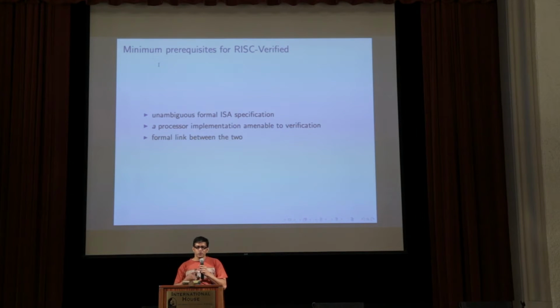And you need to prove that there's a link between the actual processor implementation and the formal ISA spec. So this is just work that I've been doing to try and address these portions. I've been working on formalizing the ISA spec, and Nirav has been working on a processor implementation. We'll eventually try and bridge the two gaps, but this is two independent pieces of work in one talk.